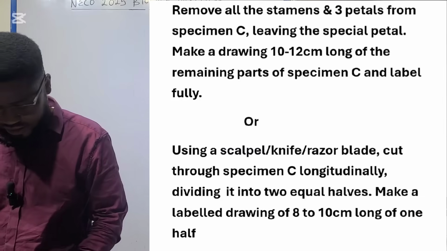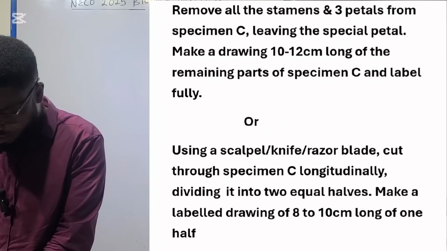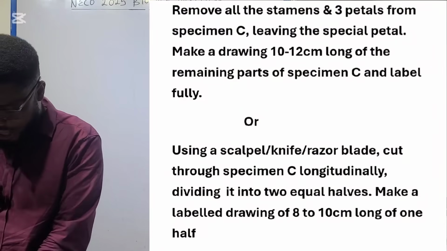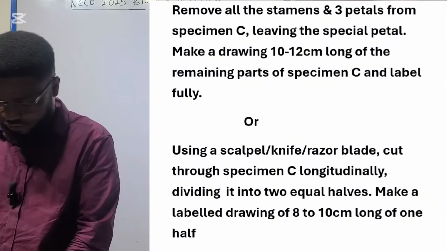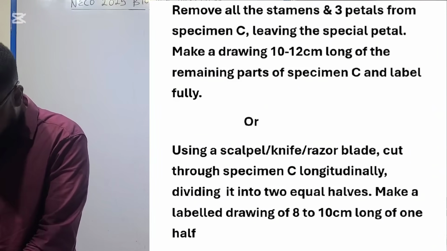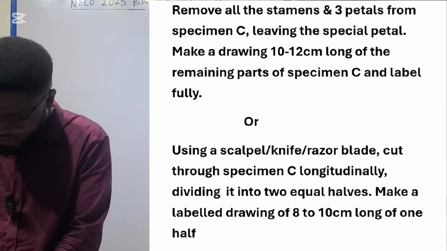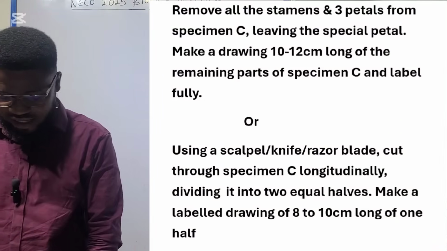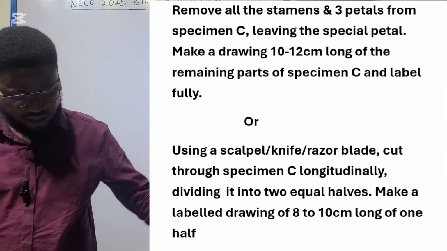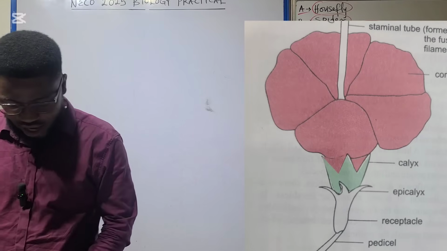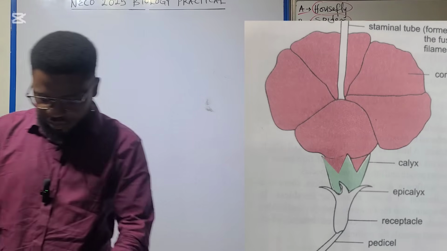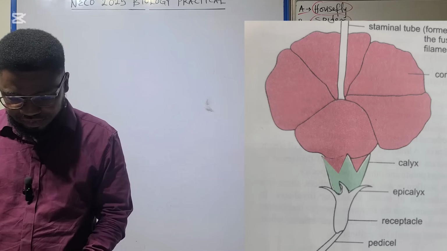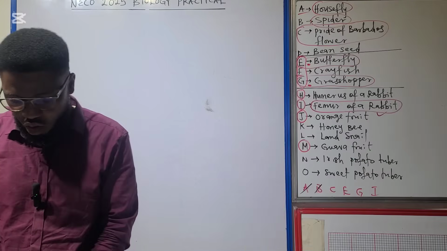The first format is we can be told to remove all the stamens and, let's say, 3 petals from specimen C, leaving the special petal. Which means that in this pride of Barbados flower, let's say we have about 5 petals, there is going to be a special or odd petal.